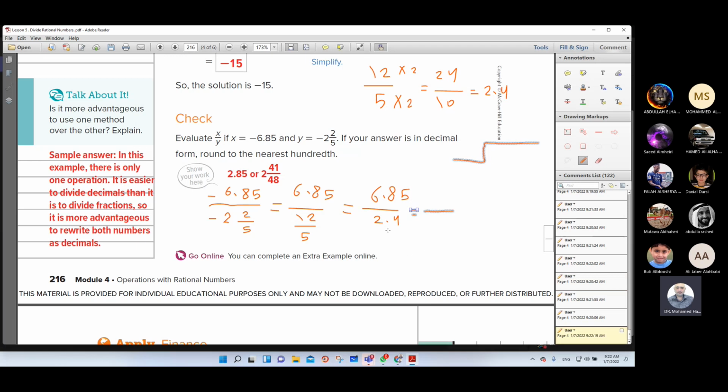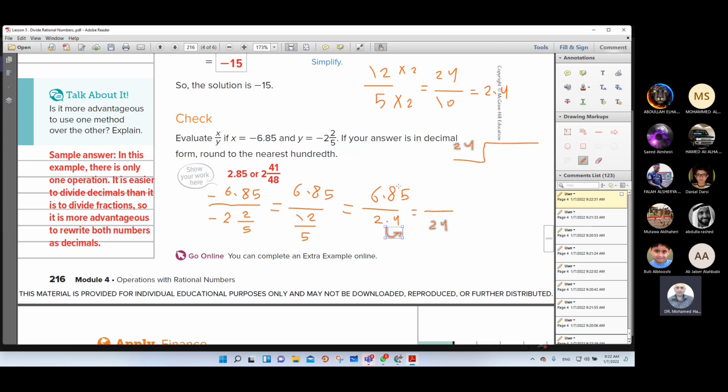If you multiply down by 10, the decimal moves one digit to the right, so the number will be 24. And up, multiply by 10, the point moves one digit to the right, so the answer will be 68.5.